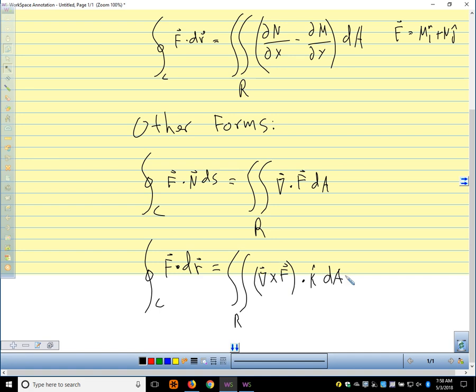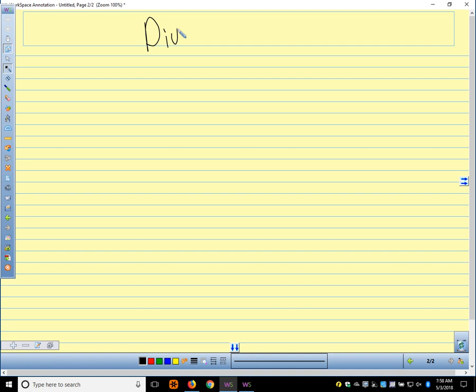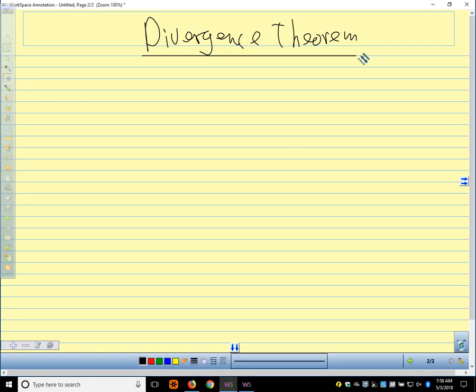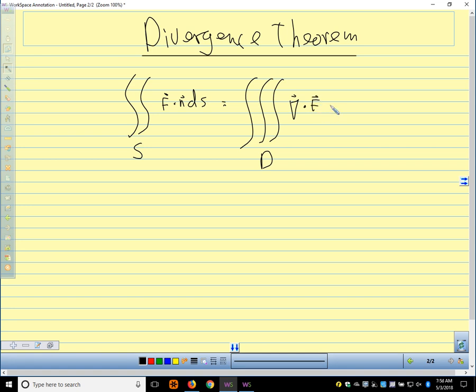All right, so let's talk about the divergence theorem first. The divergence theorem says that the surface integral of F dot n dS equals the triple integral of del dot F dV.